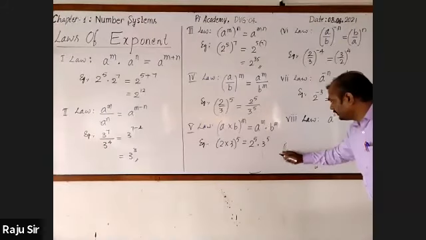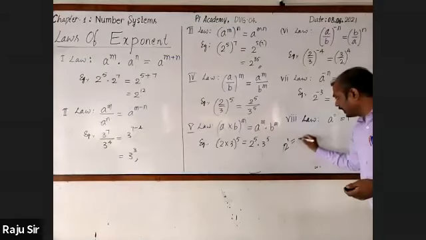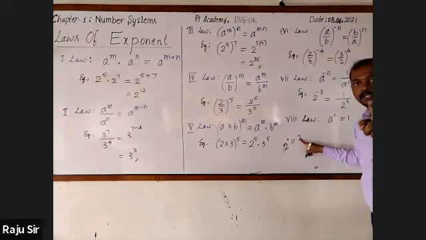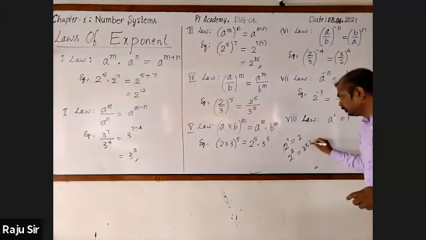The reason is, if the power is 1, for example 2 raised to the power 1, it is 1 time. If the power is 2, then it is 2 times.